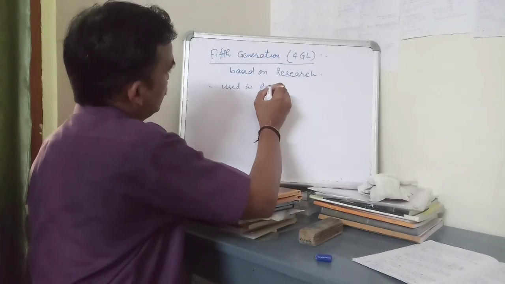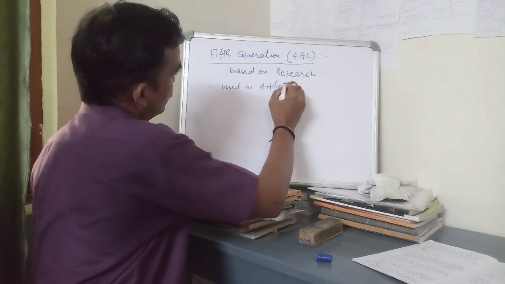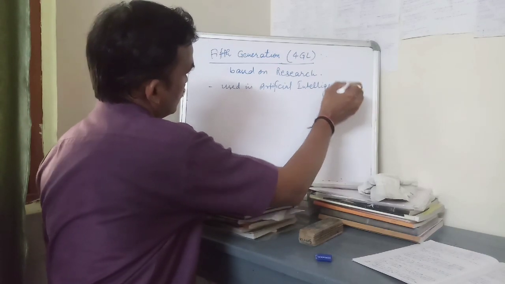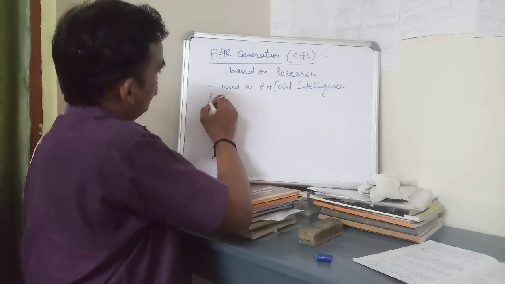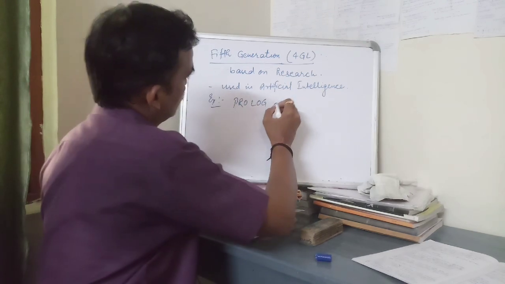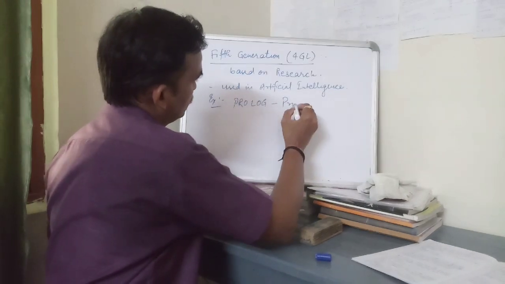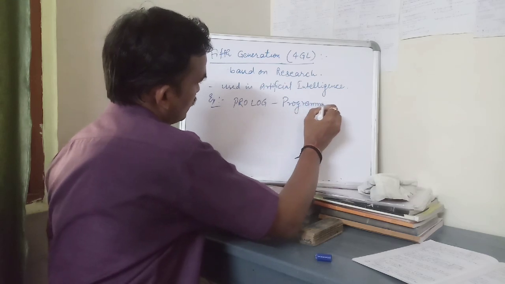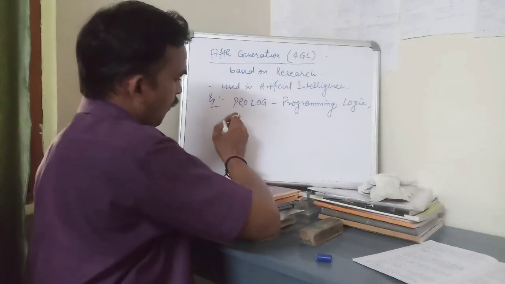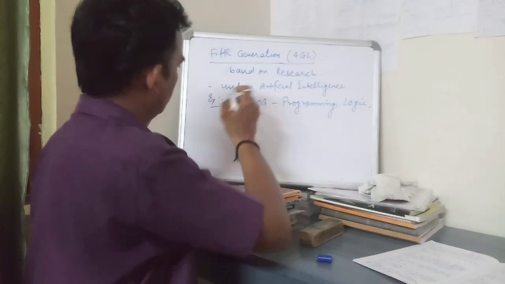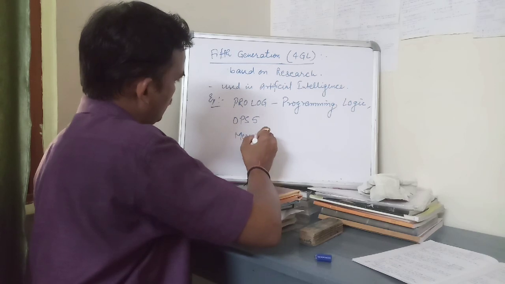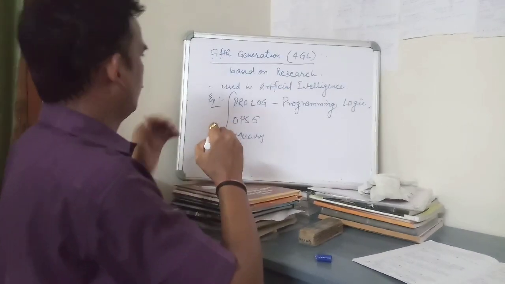In artificial intelligence, for example, Prolog, that is programming in logic, OPS5, and Mercury are some languages used in fifth generation.